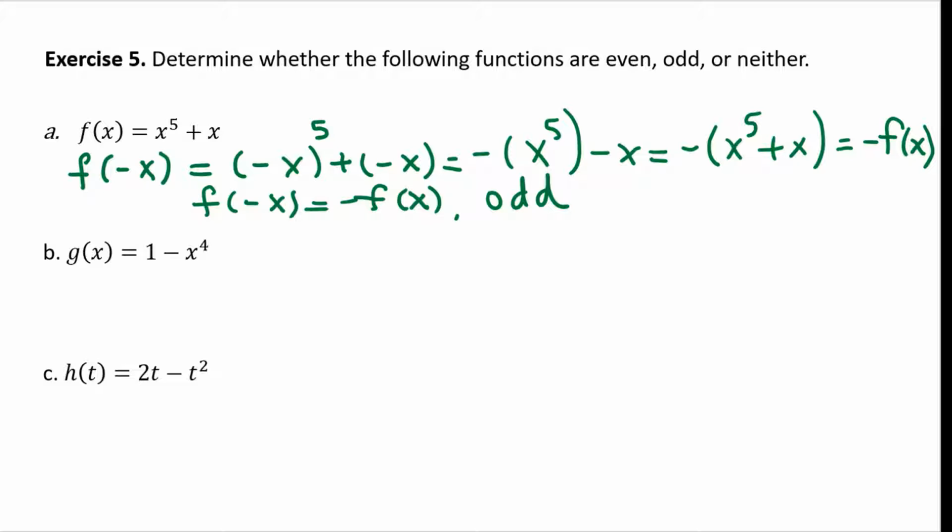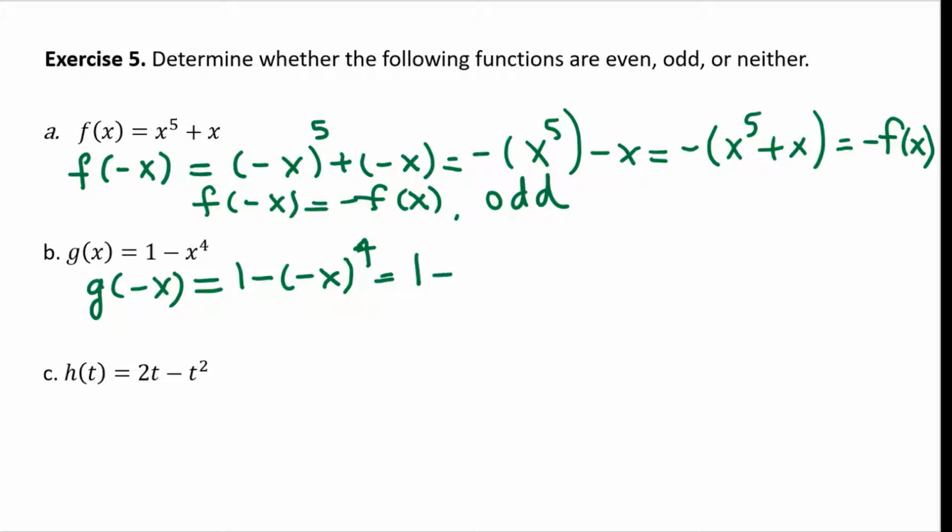Let's do a similar thing for part B. G of x equals 1 minus x to the fourth. We're going to compute g of minus x. So every place there's an x, replace it with negative x. 1 minus negative x to the fourth.